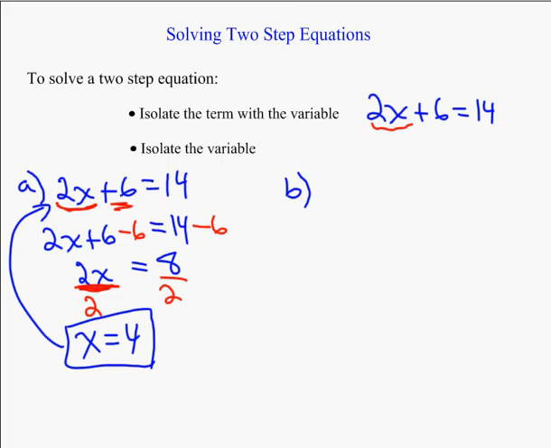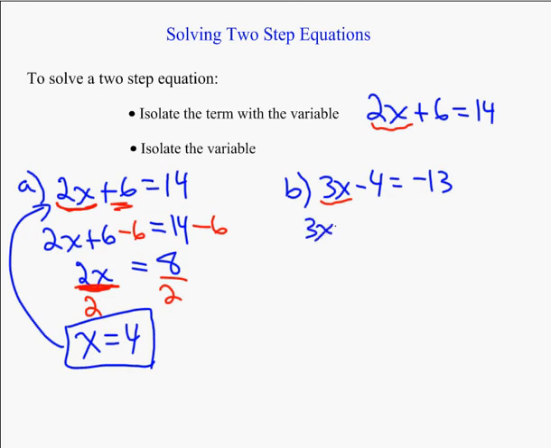All right, here's another one. 3x minus 4 equals negative 13. So again, the first step is to isolate the term with the variable in it. Here's the term with the variable. We want to get that term all by itself. So in this case, we need to get rid of the minus 4.